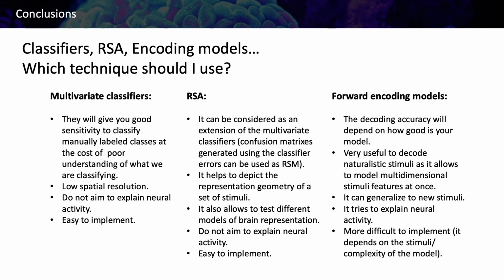It can generalize to new stimuli as well, because what you are doing is decomposing stimuli into simple features and then correlating the neural activity with those features, and then you can see how these features recompose a new stimulus. The objective of these encoding models is to explain neural activity.